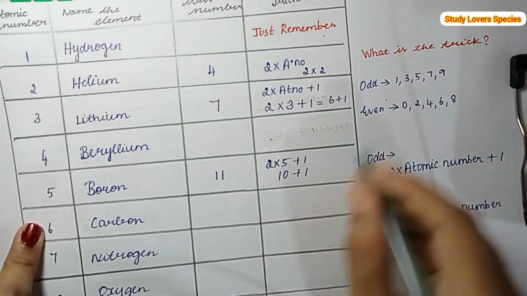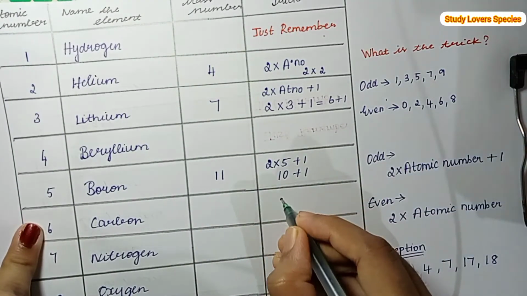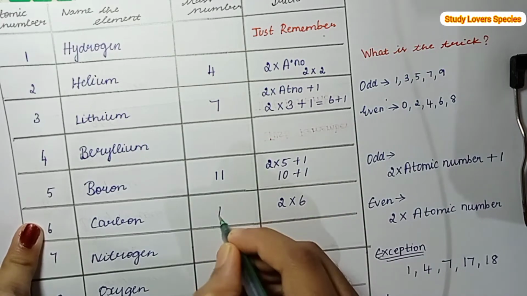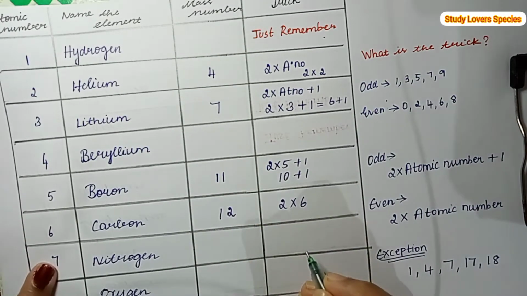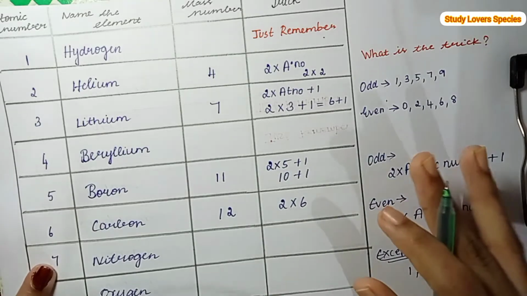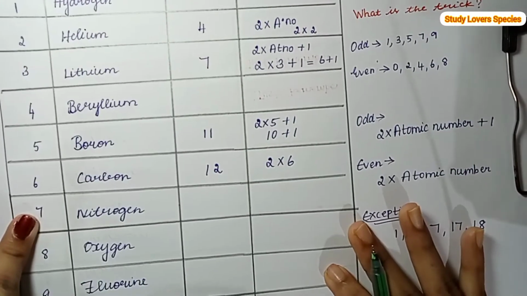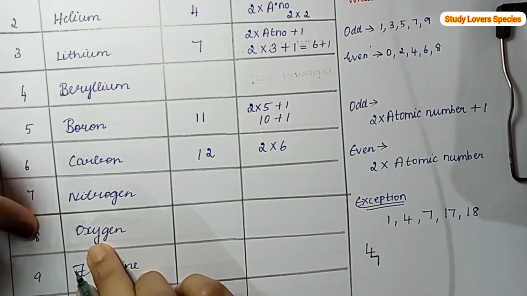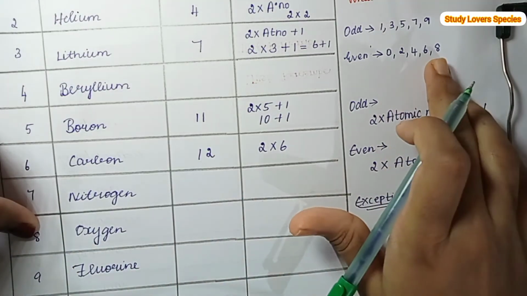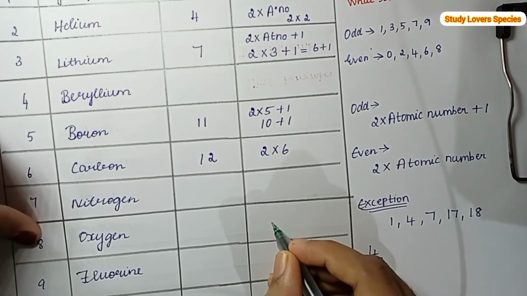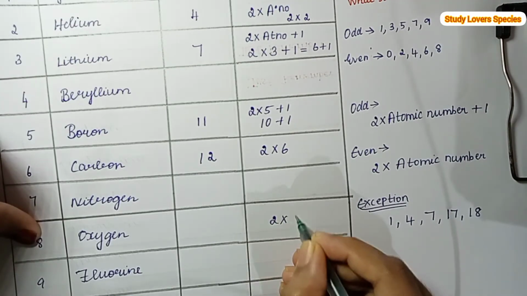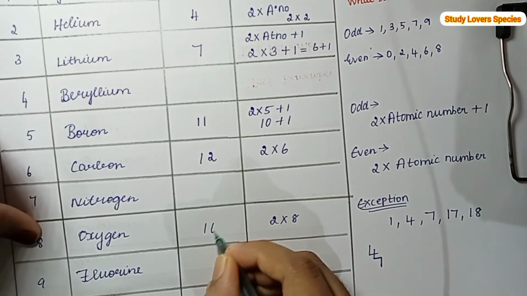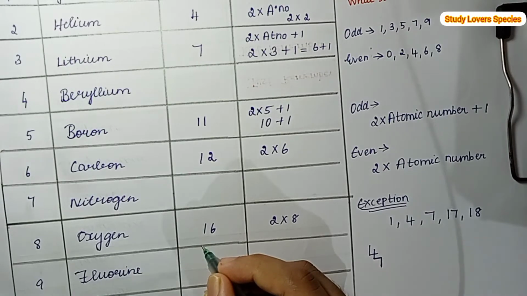Next, 6 is an even number. 2 into 6, 12. 7 is an exception. Just remember it. We will go with that finally. Next, oxygen, 8. So 8 is an even number. 2 into 8, 16 is our mass number.